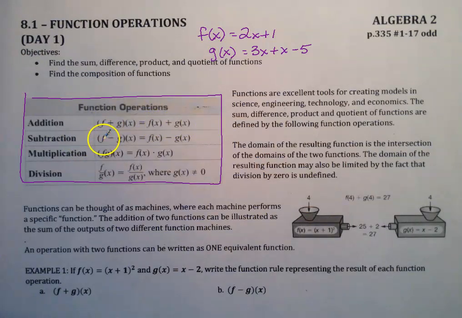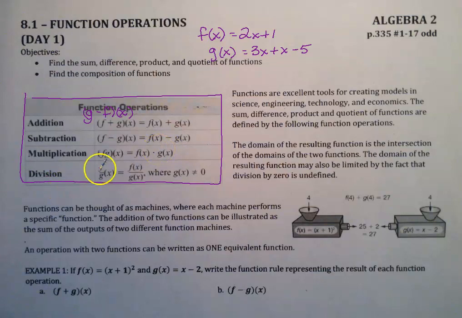If it's addition, then it's f of x plus g of x. If it's subtraction, f minus g of x, we're going to find the f of x and subtract the g of x value. Order matters because you can also have g minus f of x. Multiplication, if we have fg of x, we're going to take the f of x, solve it, and multiply times the g of x.